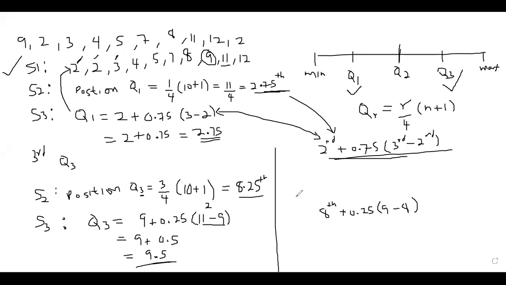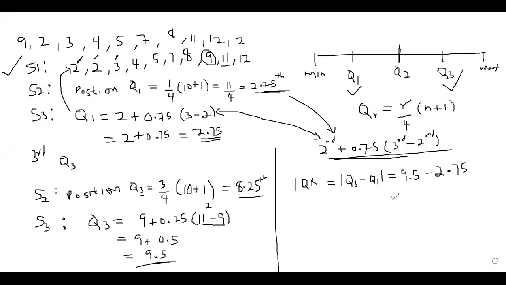Then we can find our interquartile range. So our IQR, okay, which is given by our Q3 minus Q1, is equal to 9.5 minus 2.75.